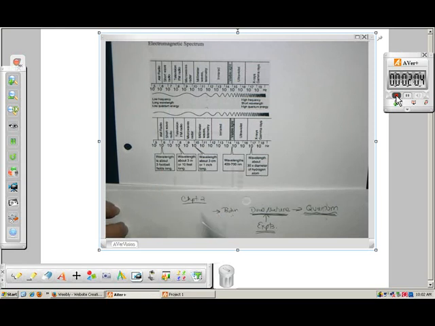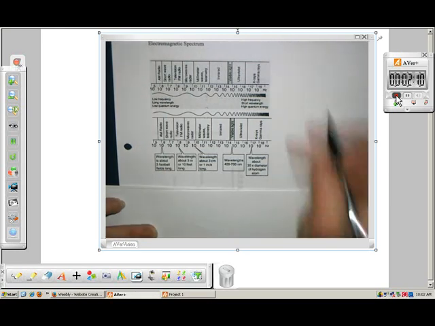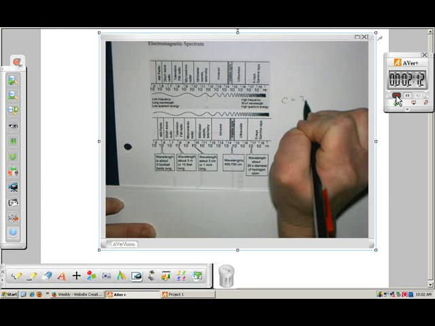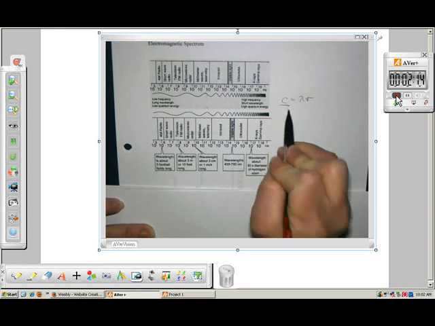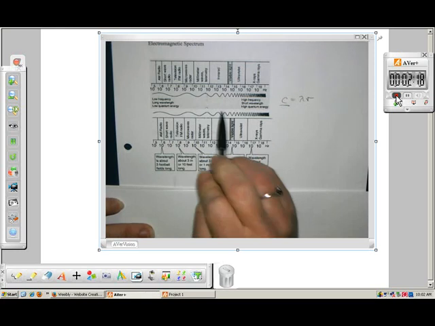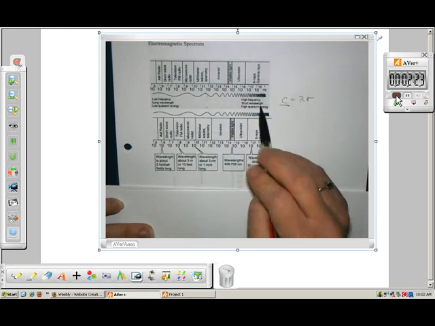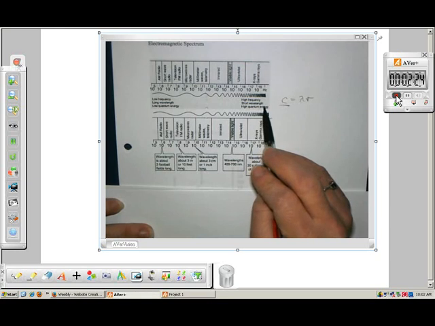We also need to be reminded of the wave equations. c equals lambda nu, because we assume that all electromagnetic radiation travels at the speed of light. Electromagnetic radiation is anything that travels with a wave-like nature.